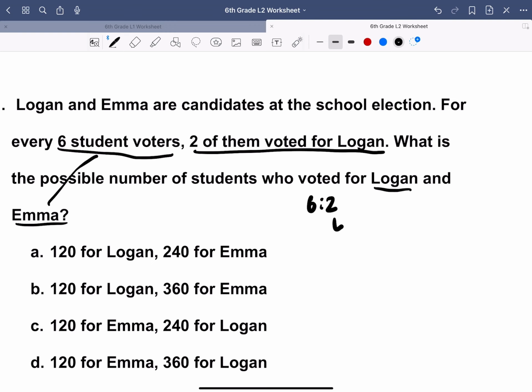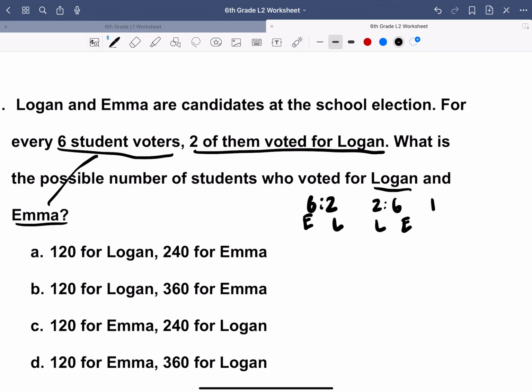So we can say that right here, this is Emma. And we have to flip this for the sake of the ratio that the question wants. So 2 to 6.